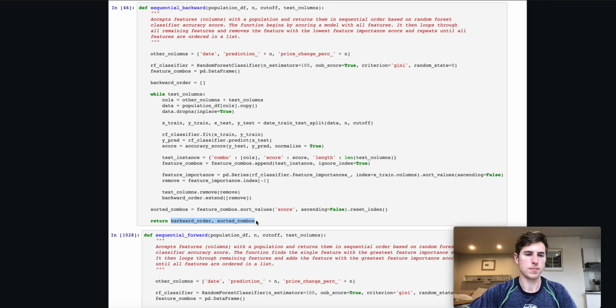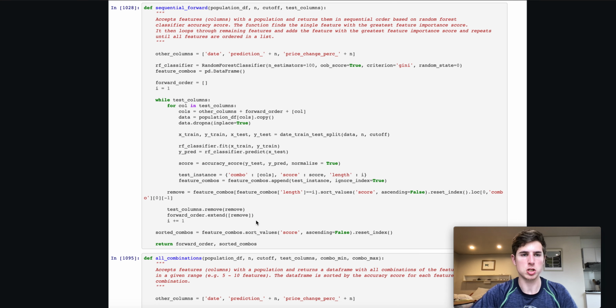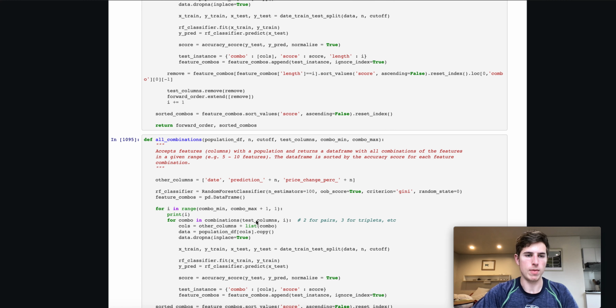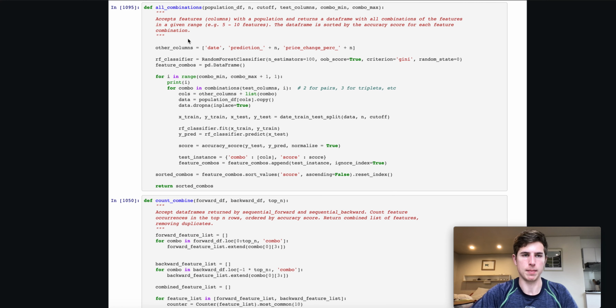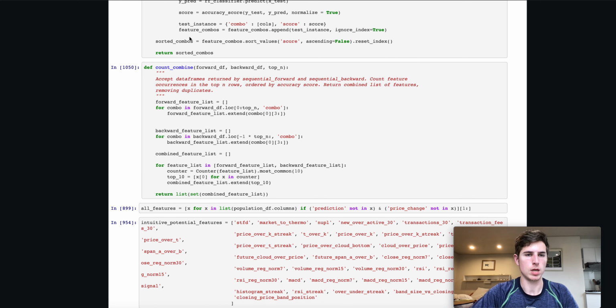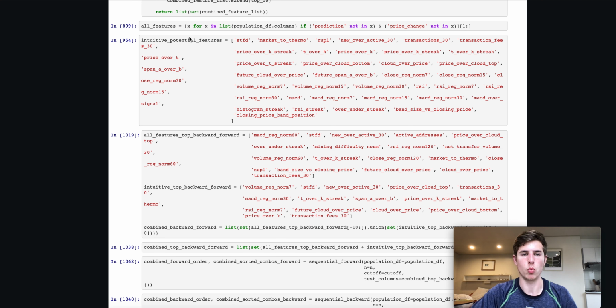Of course, I have the sequential forward function as well. And here we've got a function that accepts the features and a population and returns a data frame with all combinations of the features, along with the accuracy score for each feature combination.